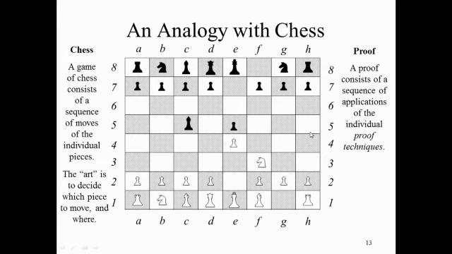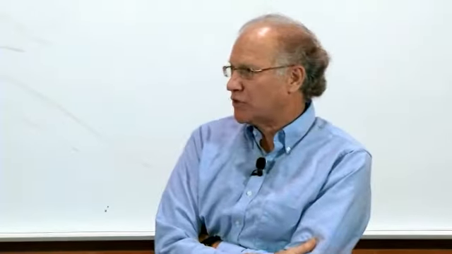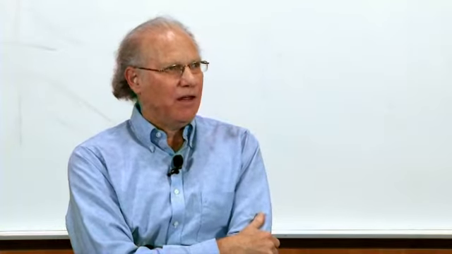And of course, the art is to decide which proof technique to use and how to use it. And let me just mention, since I'm discussing this, a proof is an art. It is not a science, just like playing a game of chess is an art. I can't teach you the creativity part of doing proofs, but what I can teach you are the proof techniques. And that's what we're going to be learning in all the subsequent lectures.